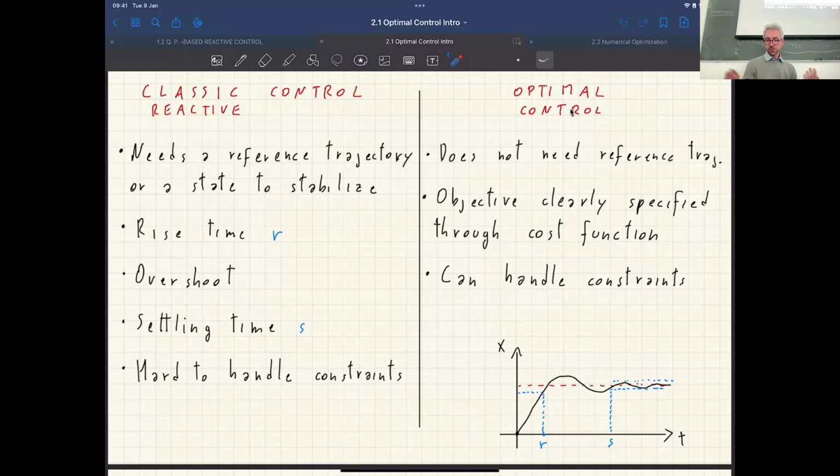So optimal control with respect to reactive control is going to be much more powerful in general, because it allows us to generate motion in a much more flexible way and more complex motions. Of course, the price that we'll have to pay for this increased power is also increased complexity. So computation time is going to be higher.